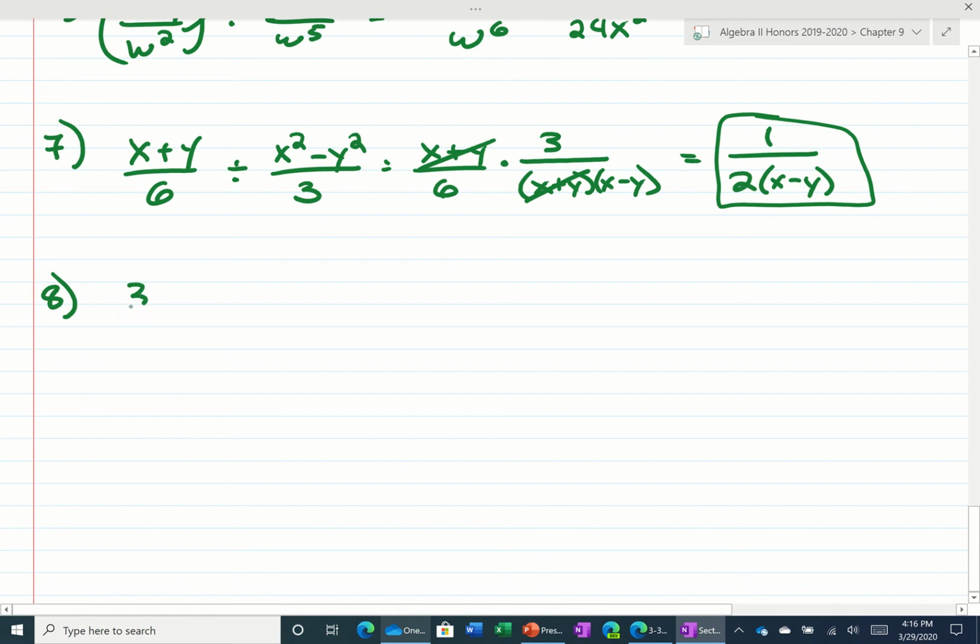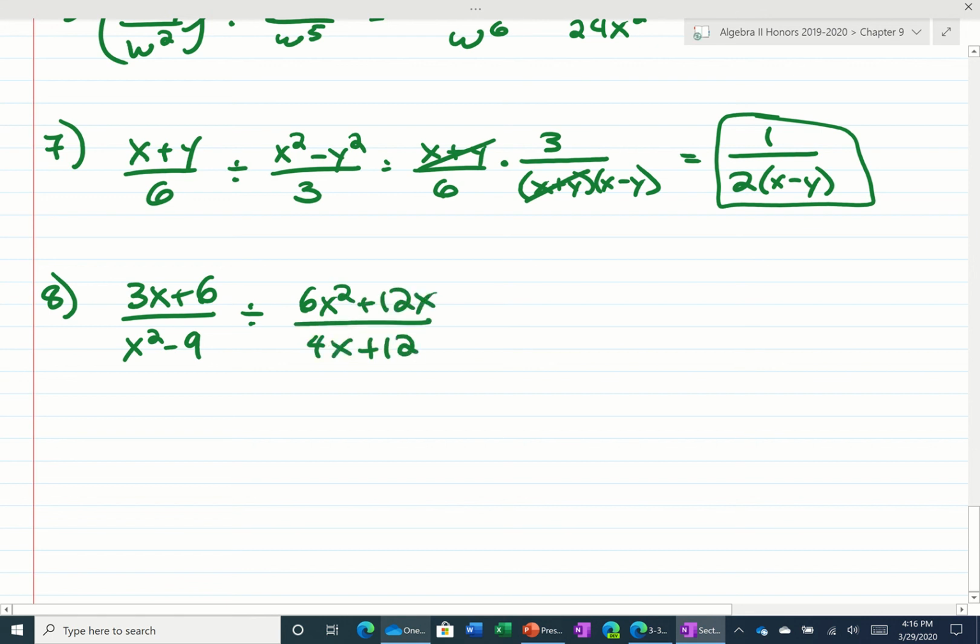It says 3x plus 6 over x squared minus 9 divided by 6x squared plus 12x divided by 4x plus 12. So I'm going to factor, then keep, change, flip, multiply by the reciprocal.